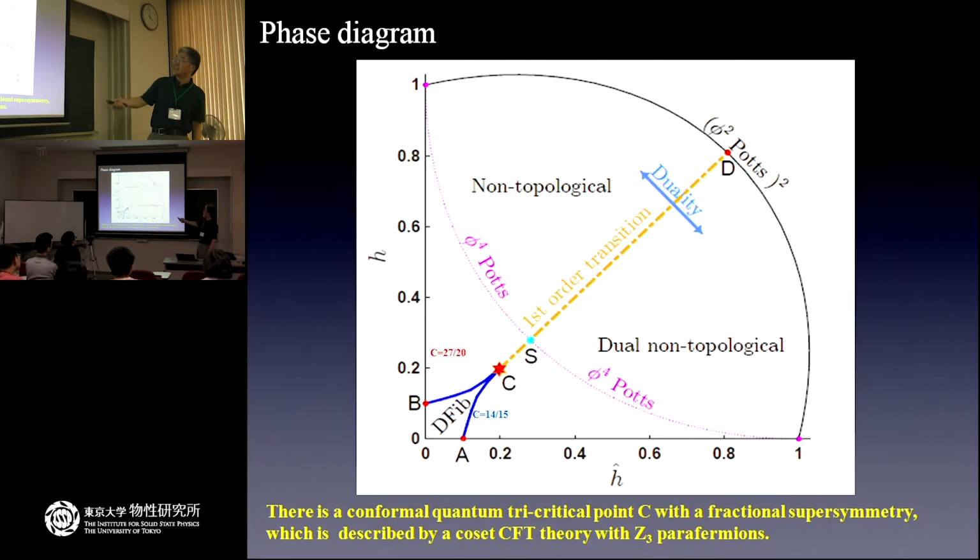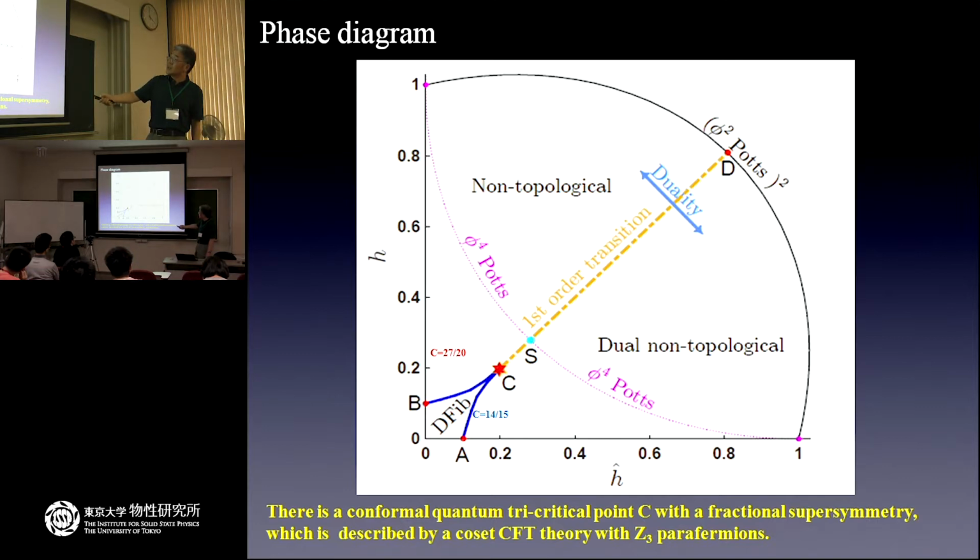But you see in this phase diagram there's a double Fibonacci anyon phase and two other non-topological phases, and between these two non-topological phases there's a self-dual line. Along the self-dual line, the majority part is a first-order transition line. At the tricritical point, it separates into two continuous phase transition lines.